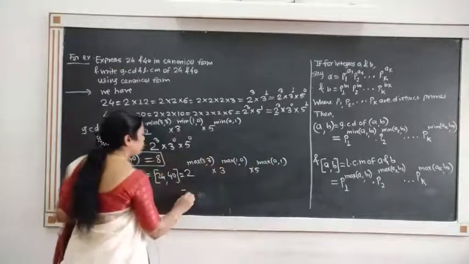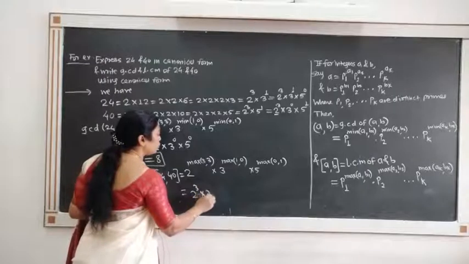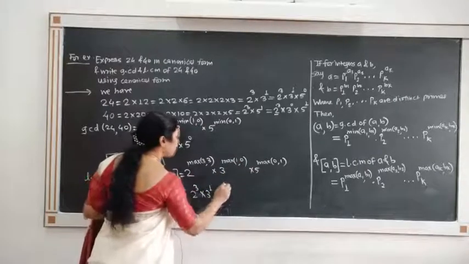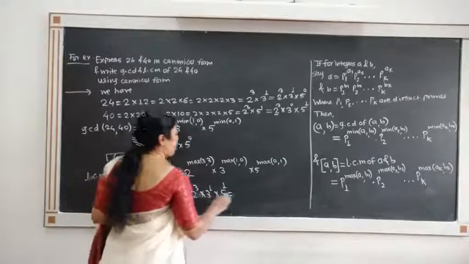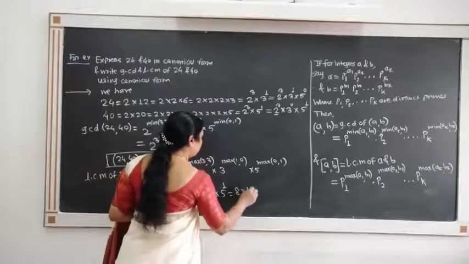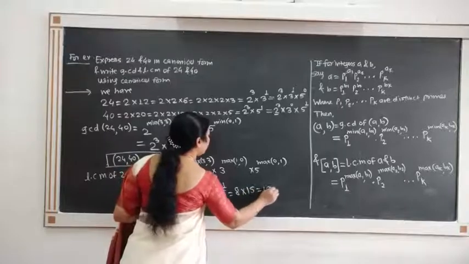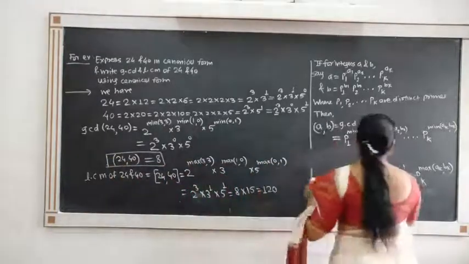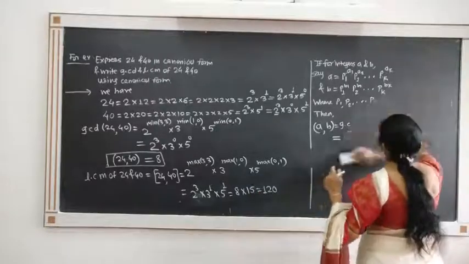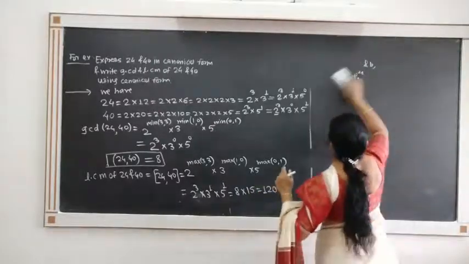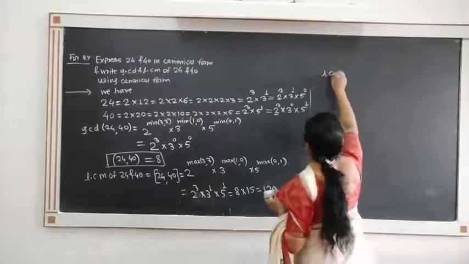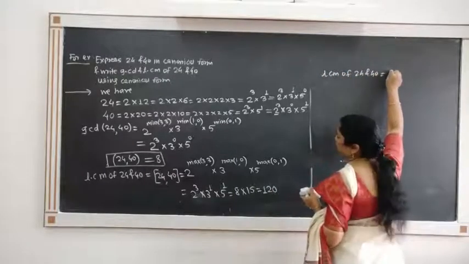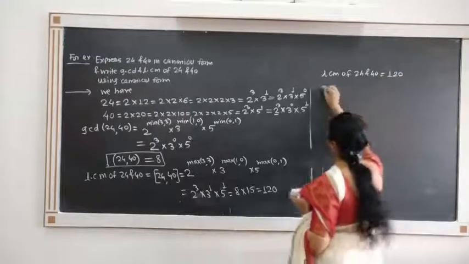This is nothing but 2 raised to 3 into 3 raised to maximum is 1 into 5 raised to maximum is 1. So it is 8 into 15, that is 120. Therefore, least common multiple of 24 and 40 is 120.